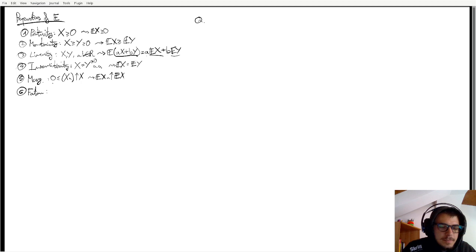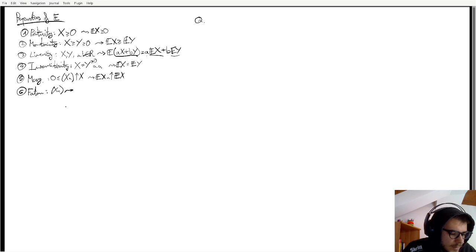Fatou's lemma for expectation says that given a sequence xn increasing to x, no, it's not increasing to x. We simply have this.